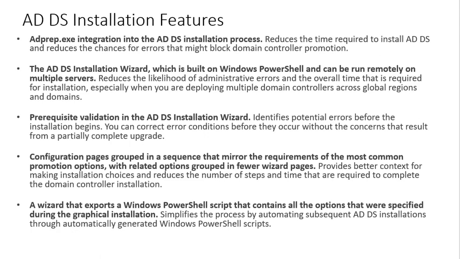Prerequisite validation in the ADDS installation wizard helps identify potential errors before the installation begins, and you can correct errors before you commit the changes. Configuration pages are grouped into a sequence that mirrors the requirements of the most common promotion options, which results in fewer wizard pages. And the last is the wizard that exports the PowerShell script containing all the options that were specified during the graphical installation. This helps with automation at later stages.